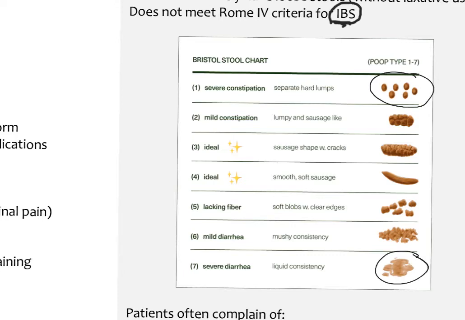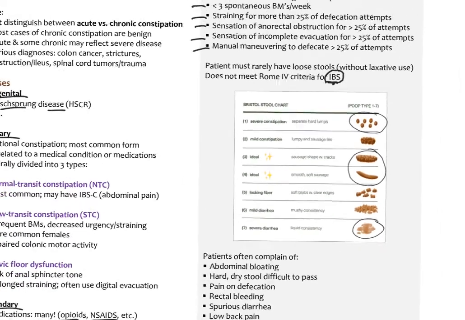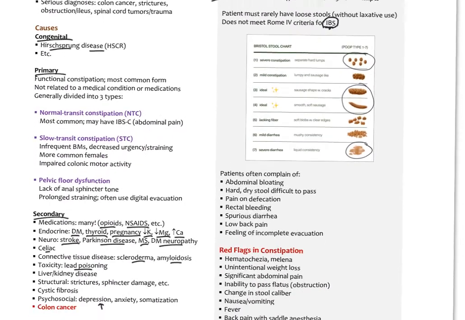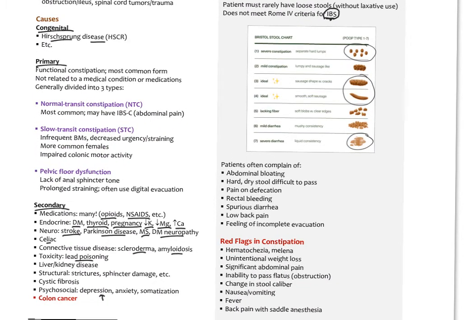Ideal would be Bristol 3 and 4, which is more the sausage type in between. So this can be helpful for having a patient tell us where they're at in terms of their bowel form and consistency. Patients will often complain of abdominal bloating, hard dry stool, pain on defecation, rectal bleeding, spurious diarrhea, low back pain, and feeling of incomplete evacuation.